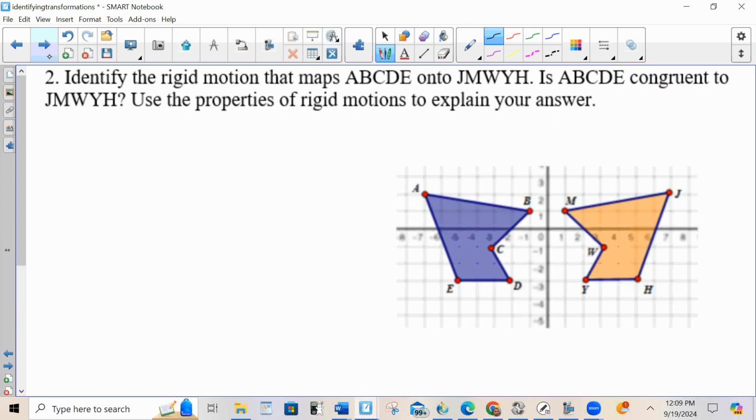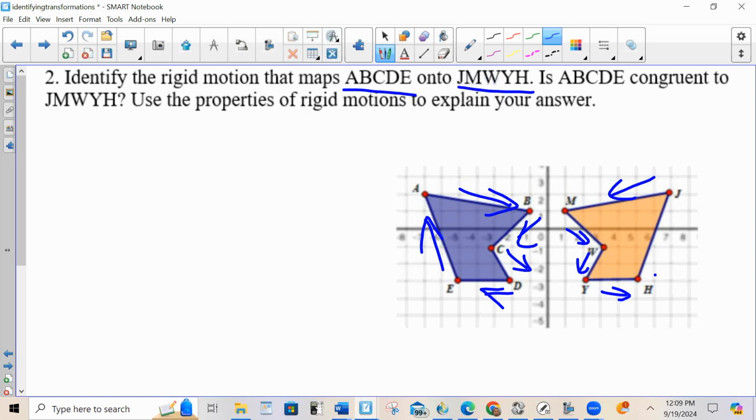Let's take a look at number 2. I want to identify the transformation. I start by checking for orientation. A, B, C, D, E. A, B, C, D, E. J, M, W, Y, H. Is the orientation the same or different?